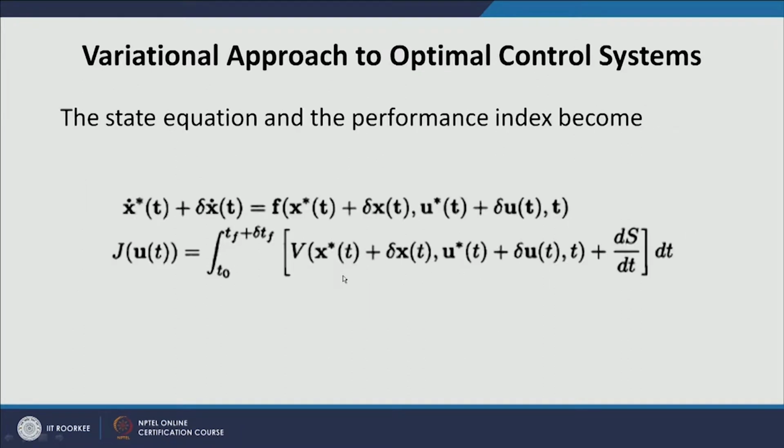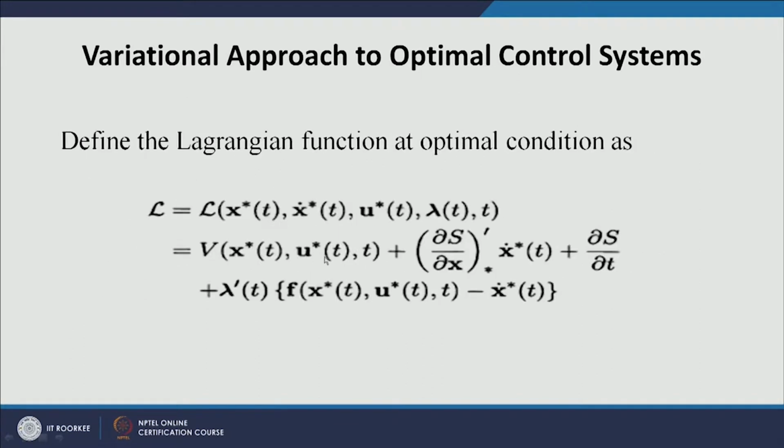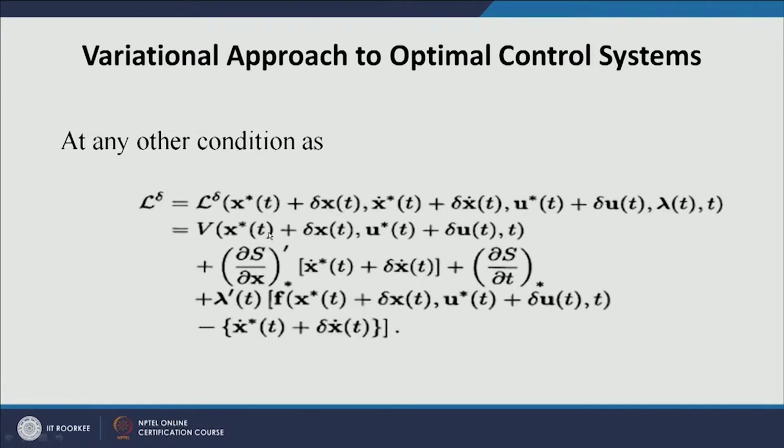Our approach is the Lagrangian approach. First we define our Lagrangian L as V plus lambda prime G, where G is the condition which we took in the previous lecture. So this is my Lagrangian at the optimal point.